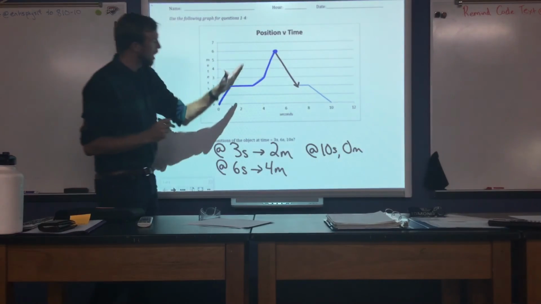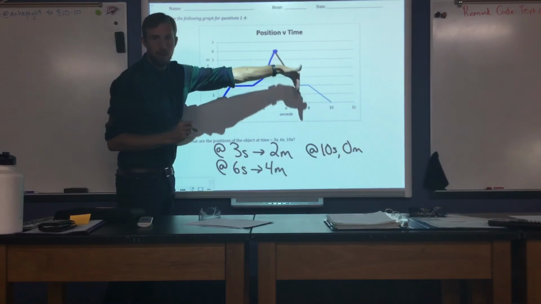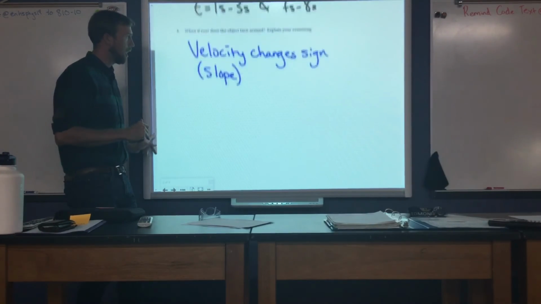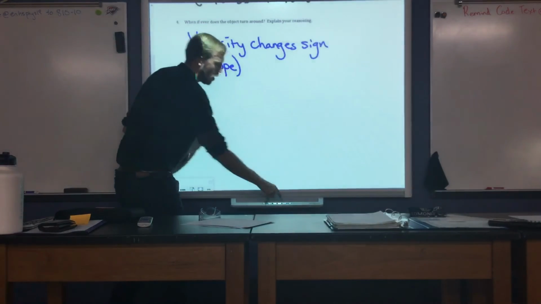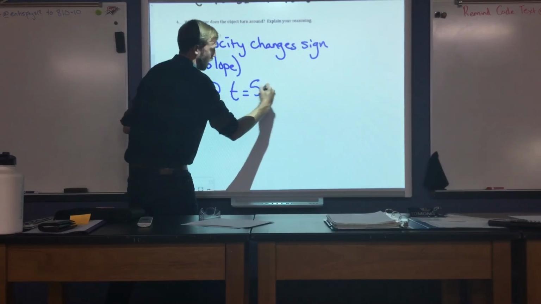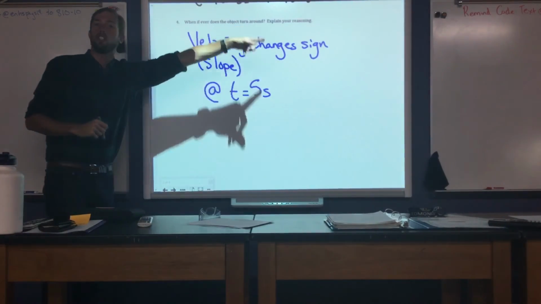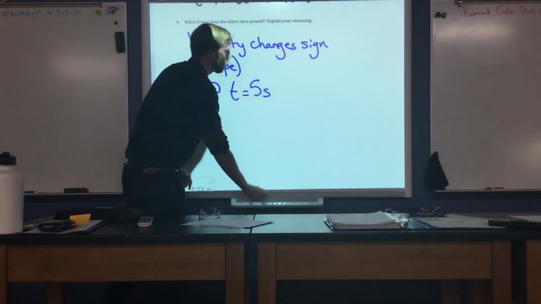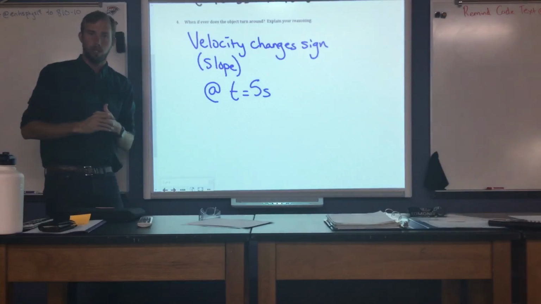So at a time of 5 seconds, I go from a positive slope to a negative slope, which means my velocity changes sign, and I have a change in direction. I am turning around. So we would say at a time of 5 seconds, because our velocity changes sign, or our slope changes sign. Okay? Either of those would be accurate descriptions as to why our object turns around.